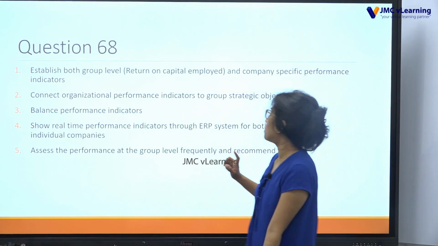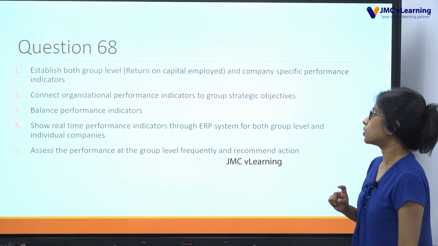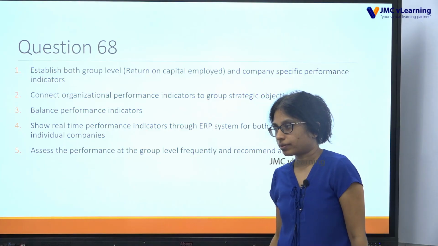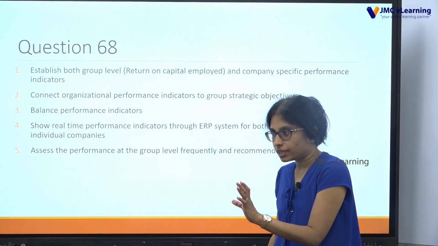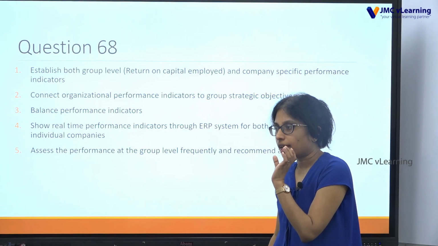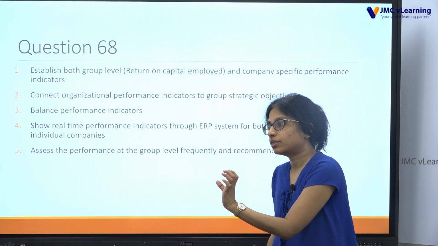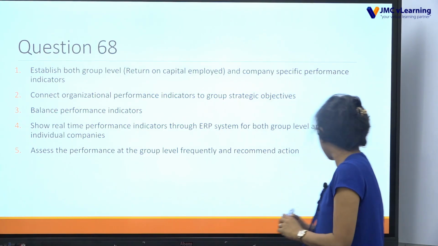Connect organizational performance indicators to group strategic objectives. You cannot have cost leadership as a company objective. Company means these 5 companies.